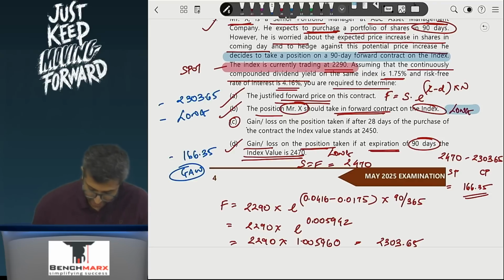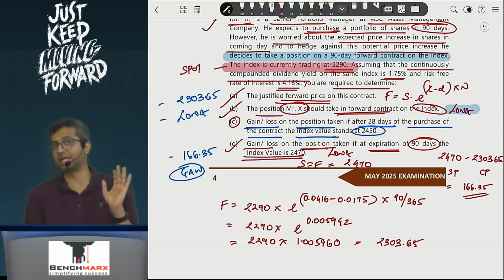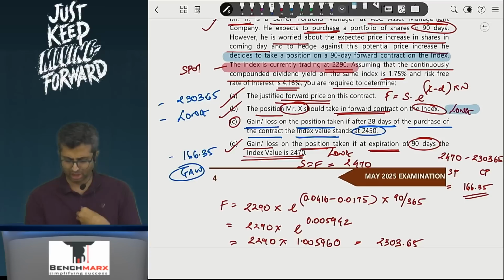Okay, the gain or loss on the position taken, that is a long position taken, if after 28 days of the purchase of the contract, the index value stands at 2450. Now, this is the index value. In my limited understanding, this must be the spot index value. So ideally, if I want to find a gain or loss, I would say that 28 days later, the spot index value is 2450.